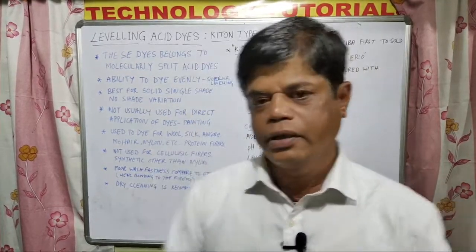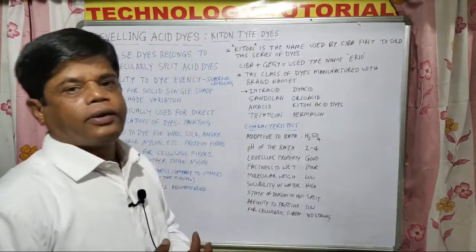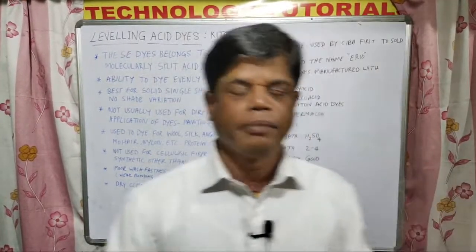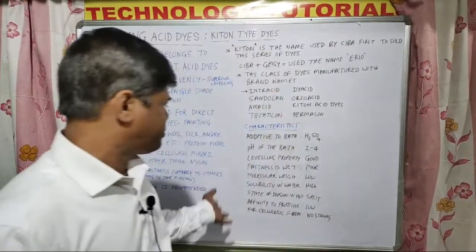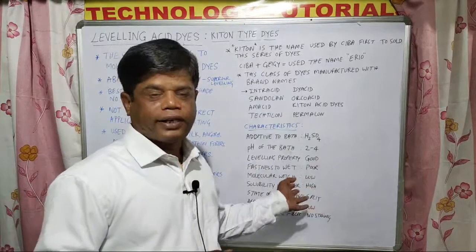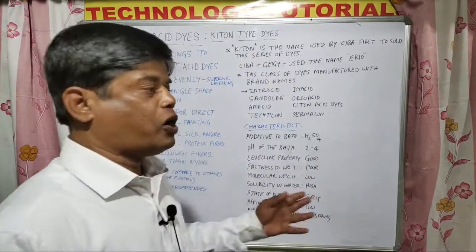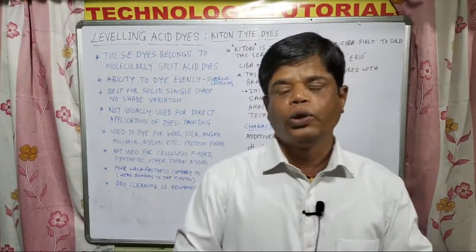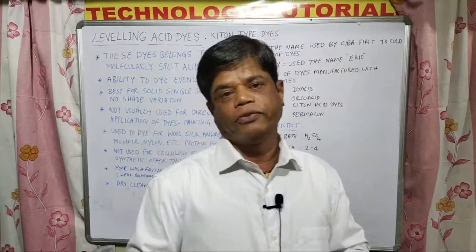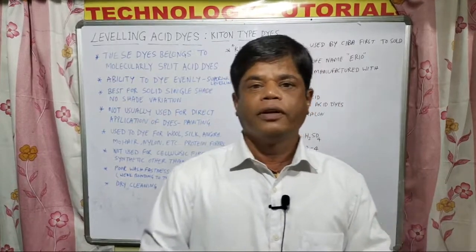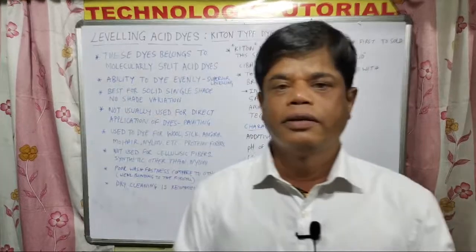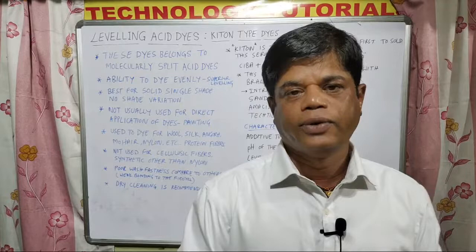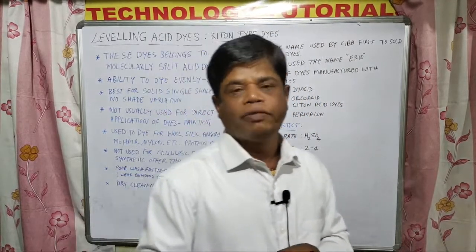Also, this class of dyes is preferred in Australia. I don't have space to write here, and I don't have space to give a lecture. Australia is famous for merino wool production. Merino wool is used nowadays for active wear, skin-touch wear, very good quality cloths, high quality fabrics, fine wool fabrics or garments.